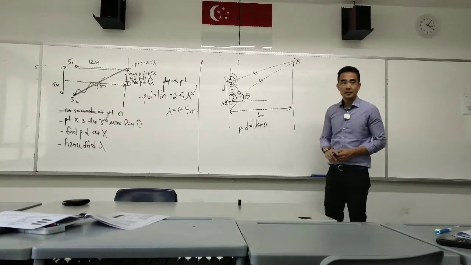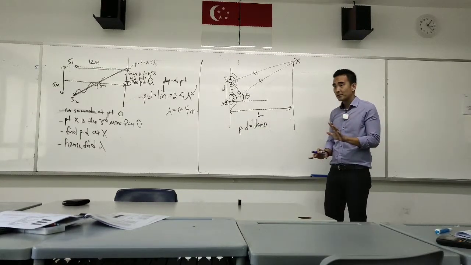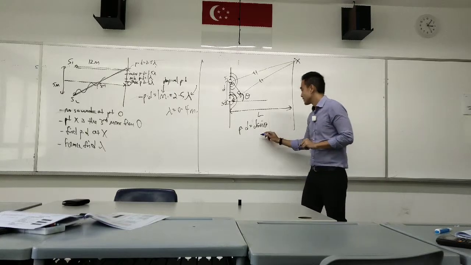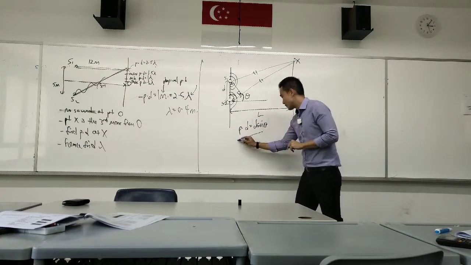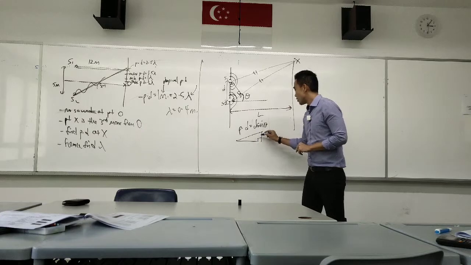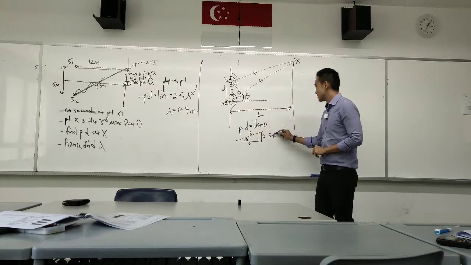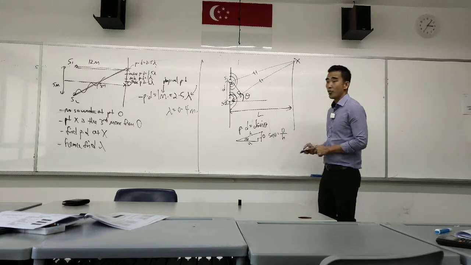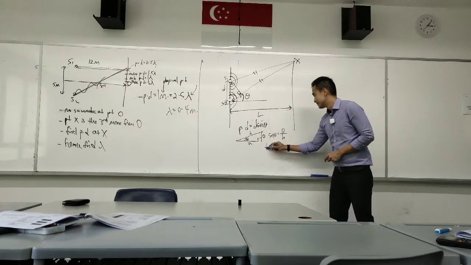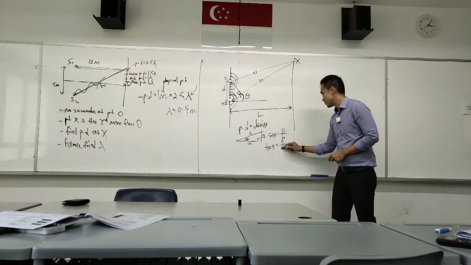Now, I'm going to show you something, but I'm not going to assume that you know it. So I'm going to show you what I'm going to assume. Opposite, hypotenuse, adjacent, theta. Sine theta, this I have to assume that you know. Tan theta, this I have to assume that you know.